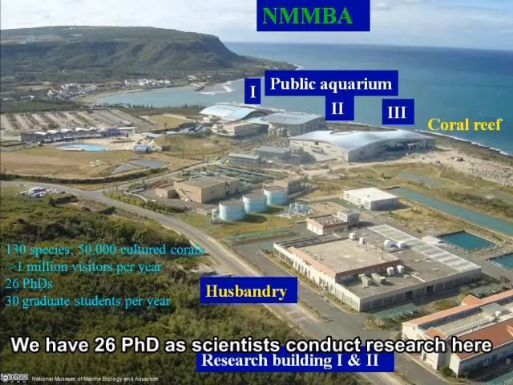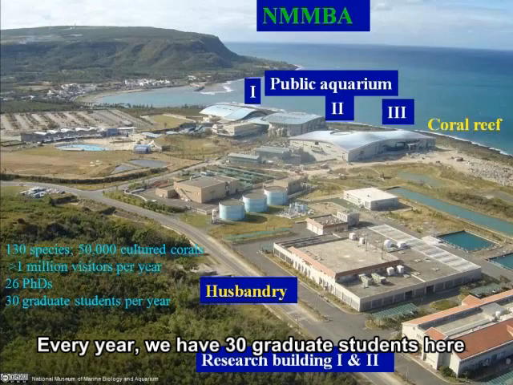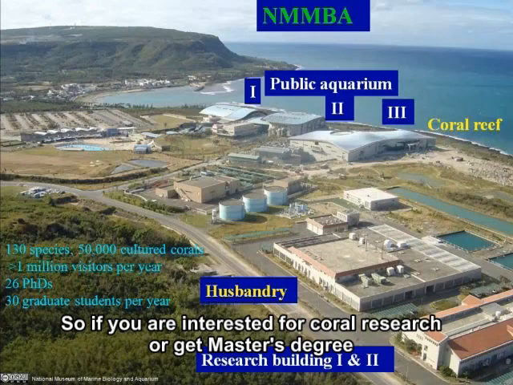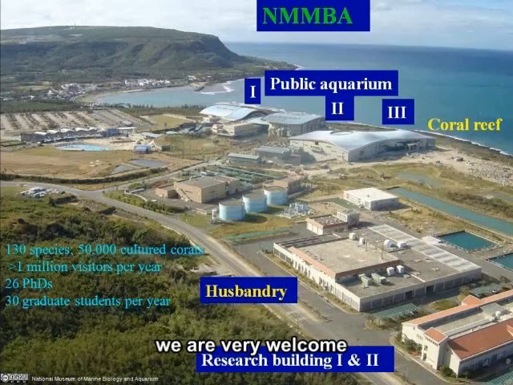We have 26 PhDs as scientists conducting research here. Every year we have 30 graduate students here. So if you are interested in coral research or getting a master's degree, you are very welcome.